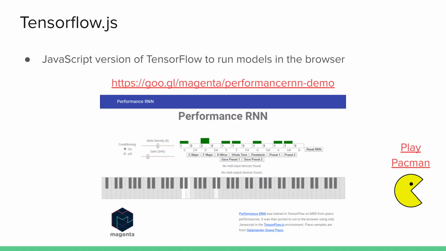The next example I'm going to show you is from the domain of music, and more specifically from the Magenta project. The Magenta project has dedicated itself to making great machine learning projects from the domain of audio and sound, and playing around with that in, I think, fantastic ways.